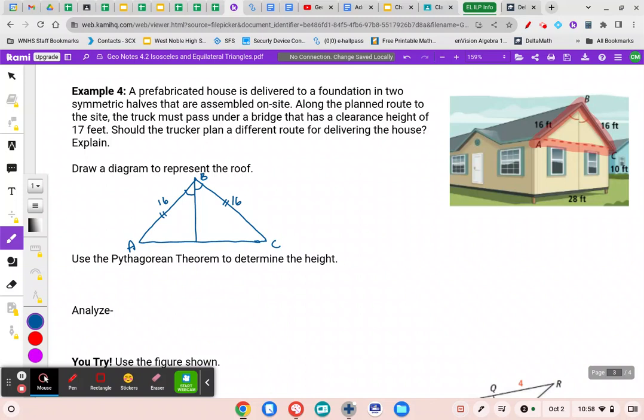And I believe we can fill in one more thing. We have to use our theorem 4.2.